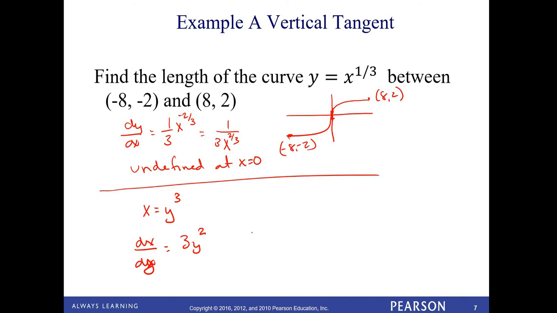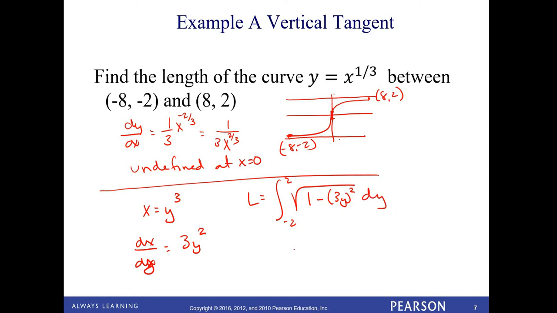Okay, so let's put this into our formula. The length is this integral, and this time, since I'm going along y's, I've got to go from -2 to 2 of the square root of 1 plus 3y squared dy.